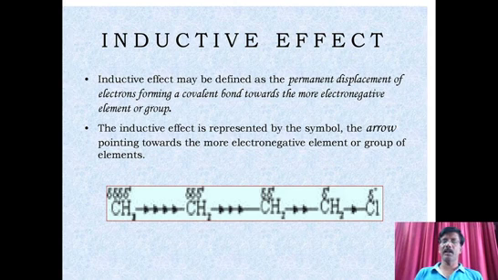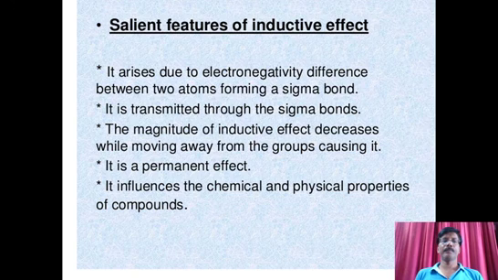That means after three bonds we can expect this, but after that it is not possible to expect any inductive effect. It is purely based on sigma electron shifting and the difference in electronegativity. Here sigma electrons are involved, and the shifting movement is shown with an arrow mark. The arrow is given towards the more electronegative element.